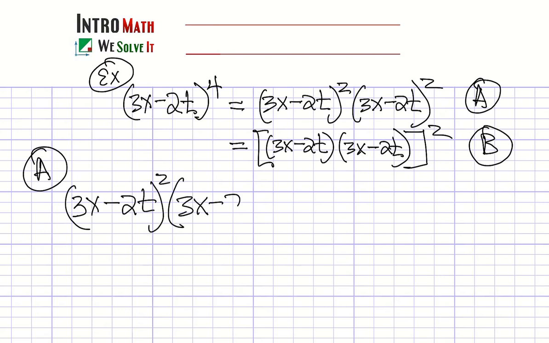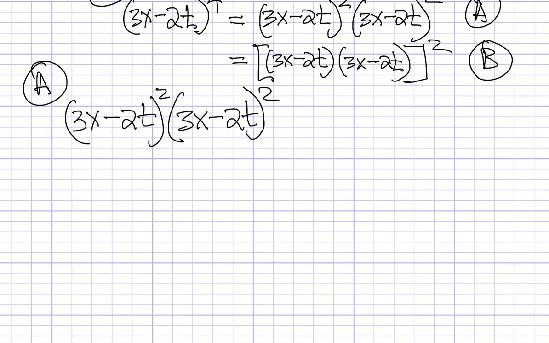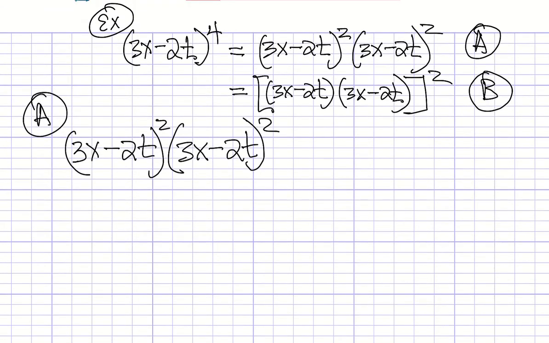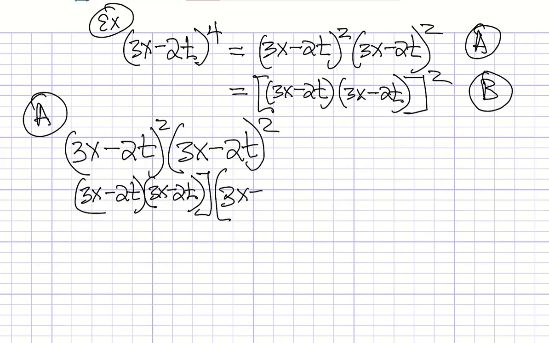Notice they're both the same thing. So basically I'm gonna do it like this: 3x minus 2t times 3x minus 2t.